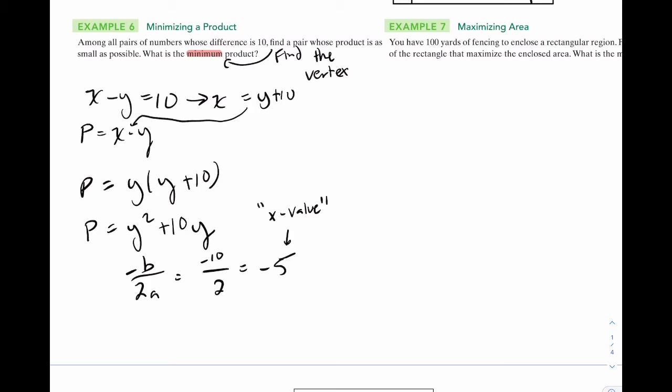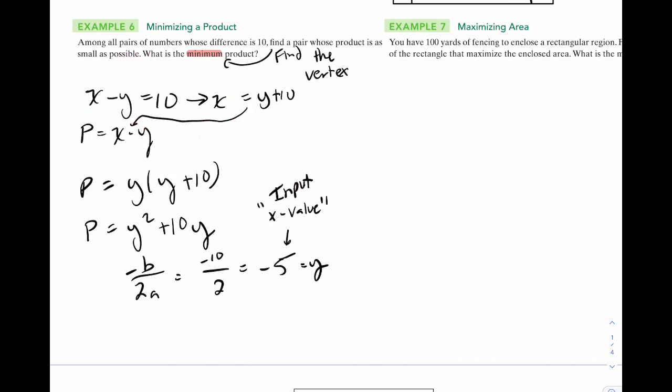But remember, that's like a figurative x value, not the literal x. So even though we used x earlier, that's not the same thing. Think of it more as the input. So if you look at this function here, the input is this y part. So what you just found is the y in terms of our original variables here.